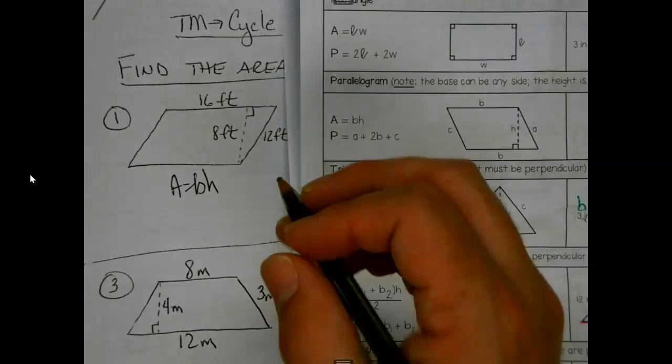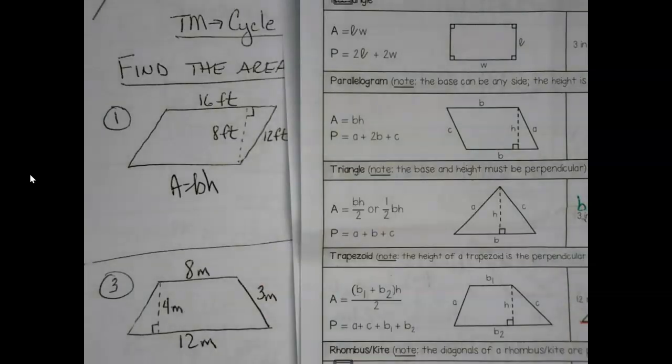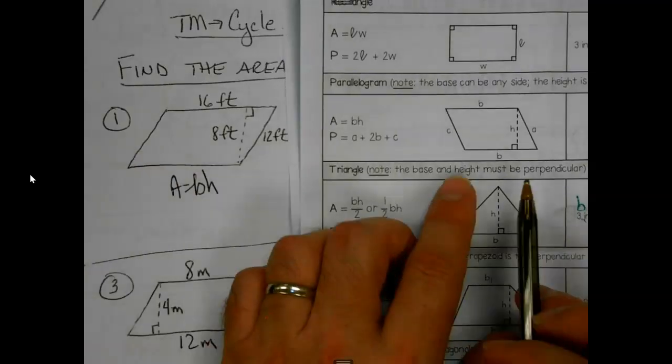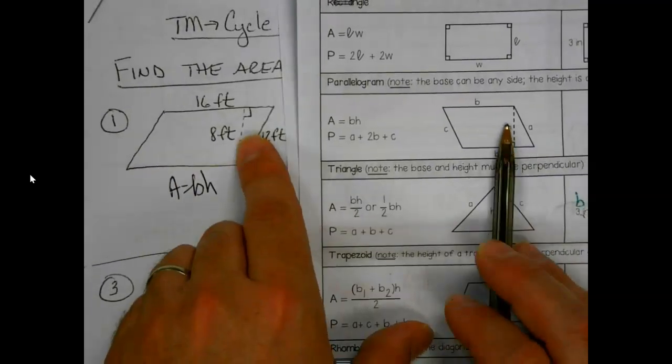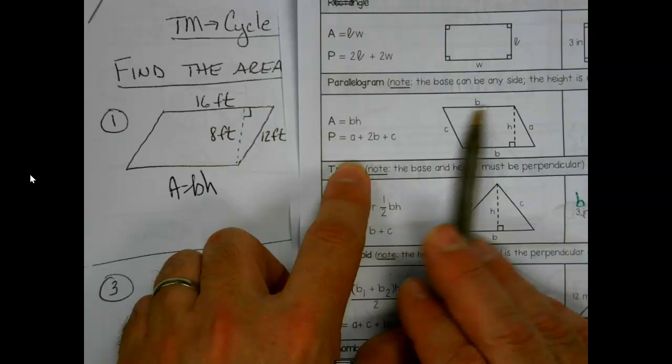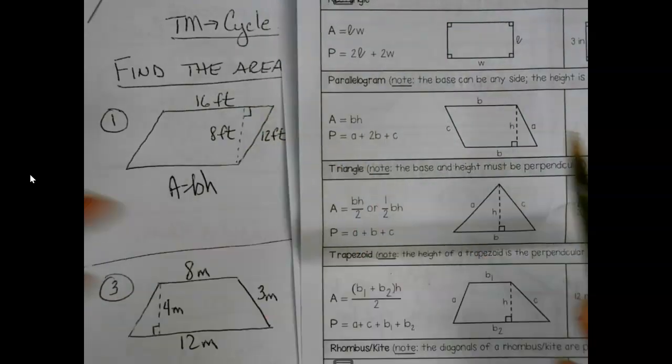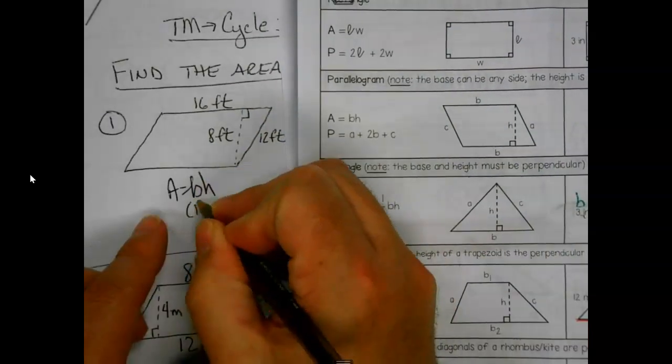I'm with you. So here, even if I wasn't sure, and that's absolutely right, I can look here and say, hey, it looks like the dotted line is my height, and then my B is whatever that's connecting to, which would be the 16 in this case.